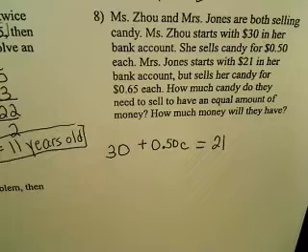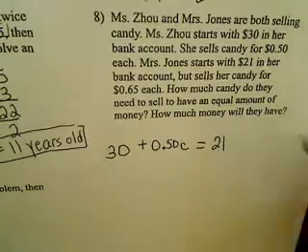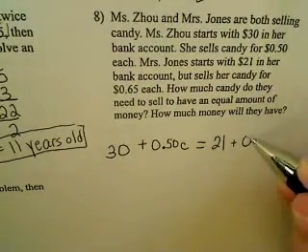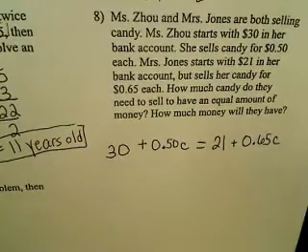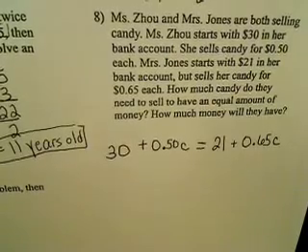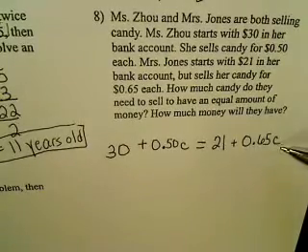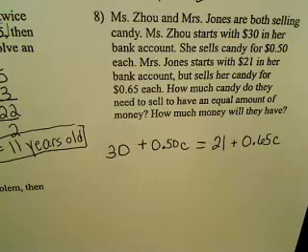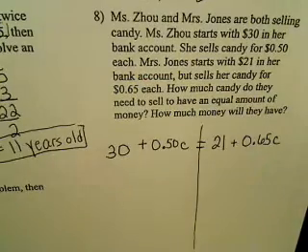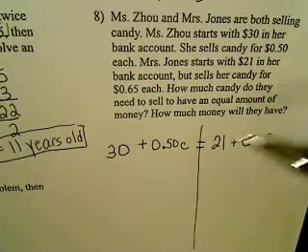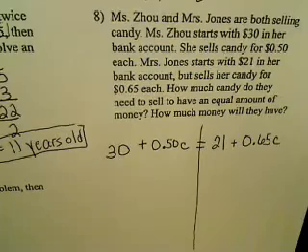So I'm going to say plus 0.50 C. Mrs. Jones starts with 21 and makes 65 cents per piece of candy. So that's her equation. So we want to find out how much candy they have to sell until they have an equal amount. So we're going to solve now for C. This helps us set up two expressions, then we solve.